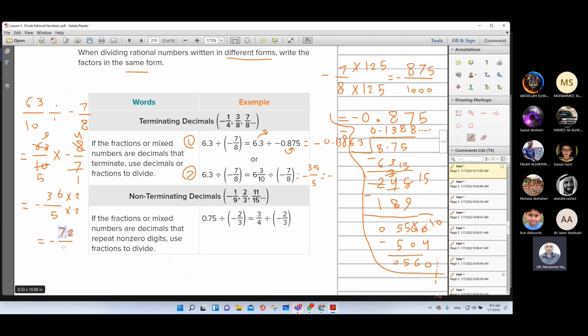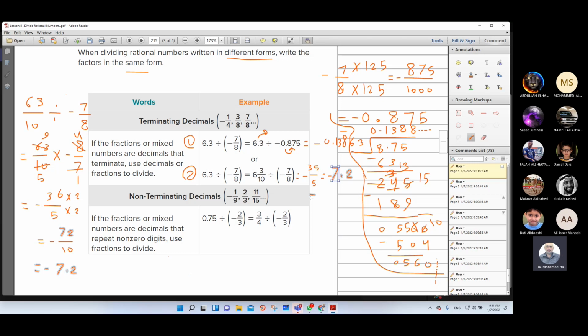And 5 times 2 will be 10. Then you can write this fraction as a decimal. 72 divided by 10 will be 7.2. Put the point after one digit. So as a decimal, the answer will be 7.2.